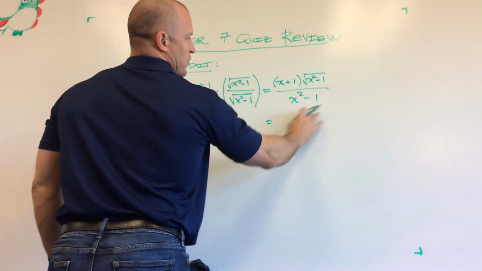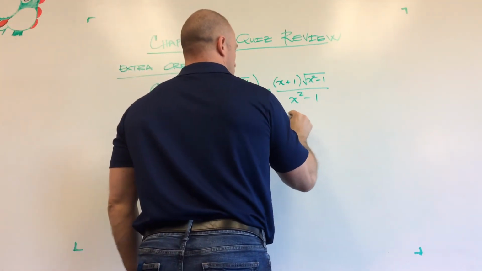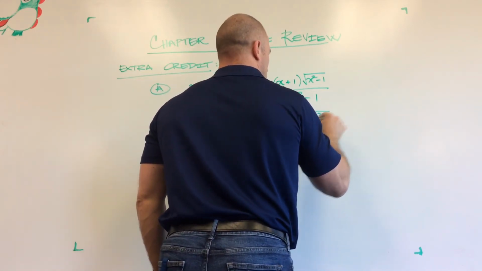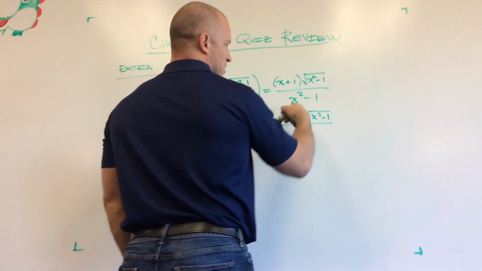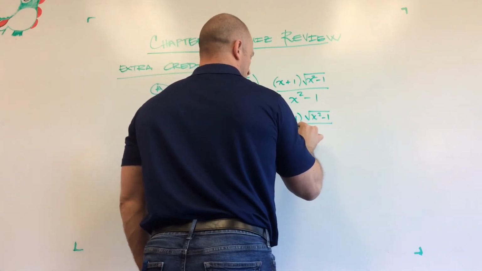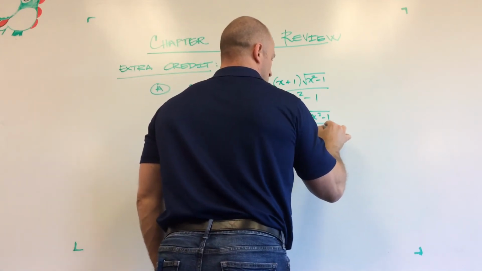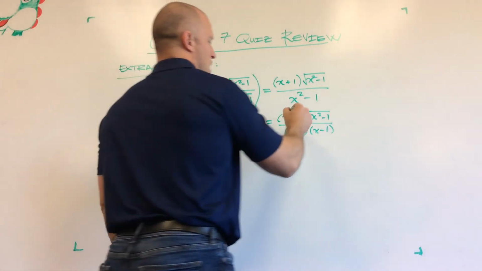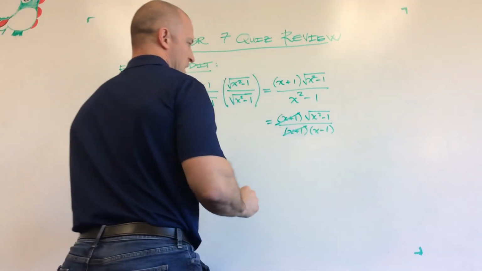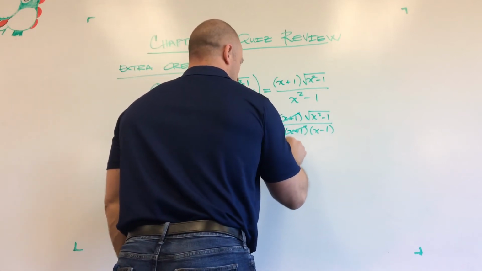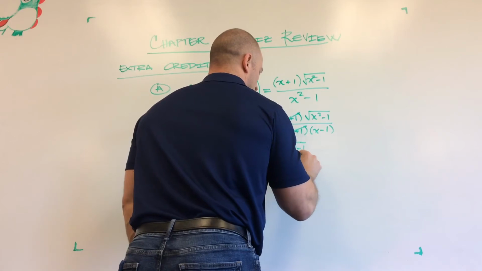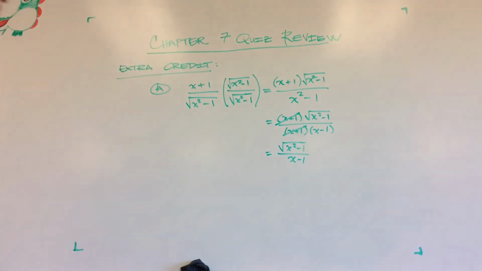We notice this is a difference of squares. So the top will remain the same, x plus 1 times the square root of x squared minus 1. On the bottom, this is a difference of squares, so it's going to factor as x plus 1, x minus 1. Now we can see they have a factor in common. We can cancel like that, and our final answer would be the square root of x squared minus 1 all over x minus 1.